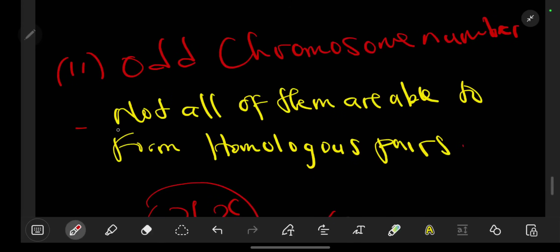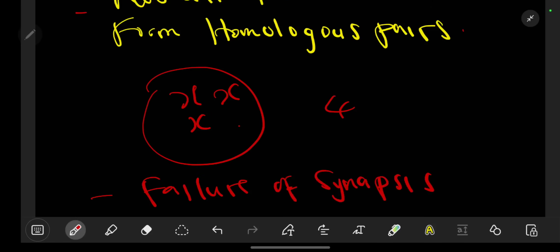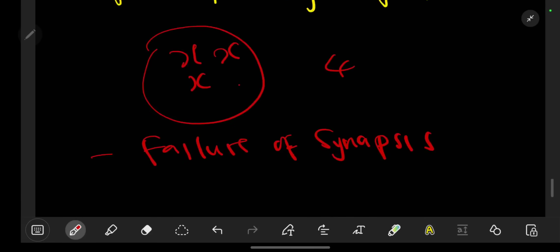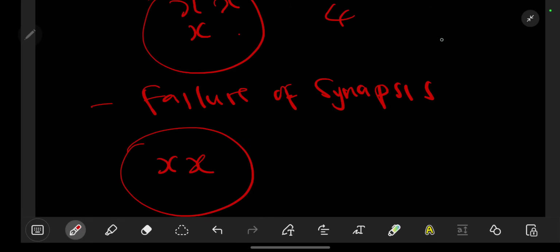Number 2, due to the fact that there is an odd number, there is also what we are going to call failure of synapsis. Synapsis is just a fancy way of saying that the 2 chromosomes align themselves together like that.